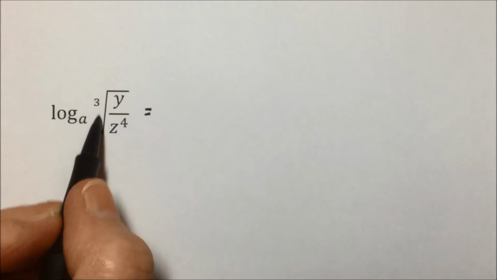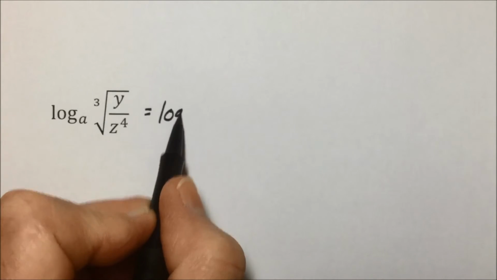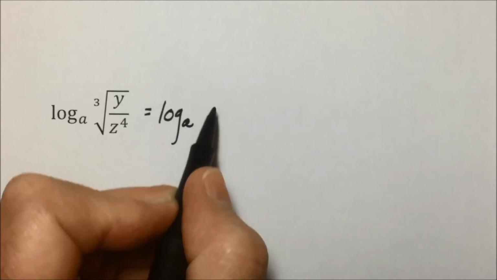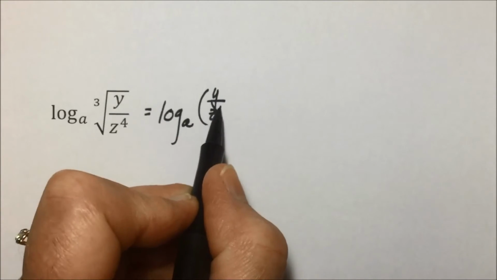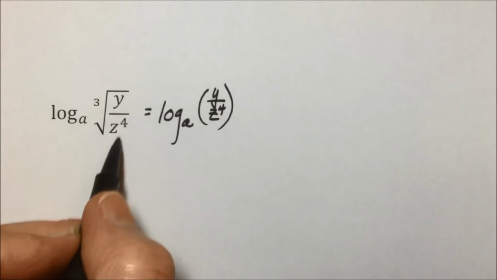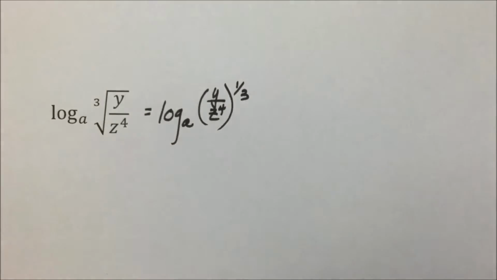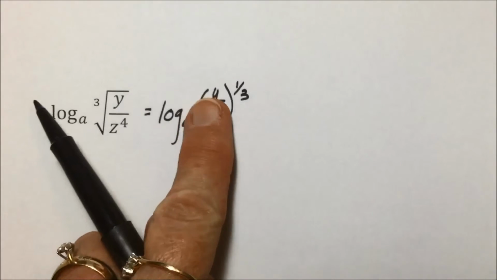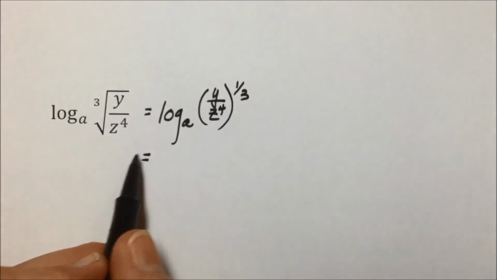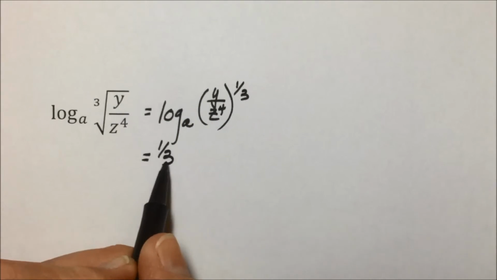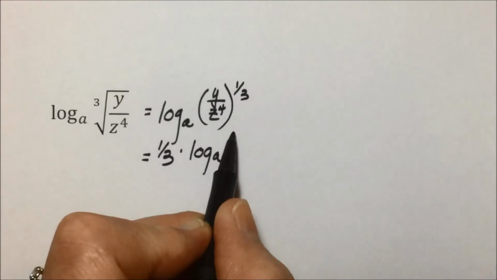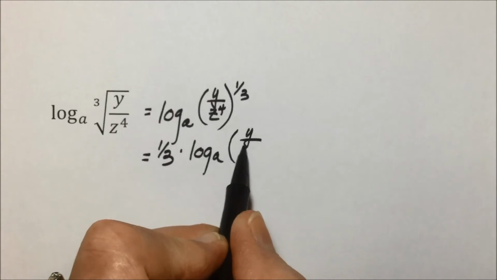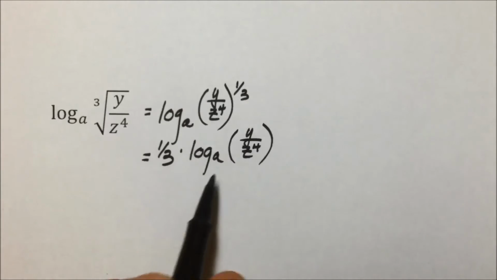So first, let's get rid of that radical to help us see what's going on. So we have y over z to the 4th power, raised the whole quantity to the 1/3 power. To get rid of an exponent using the power rule, that will become our coefficient, 1/3 times the log base a of this quotient, y over z to the 4th power.